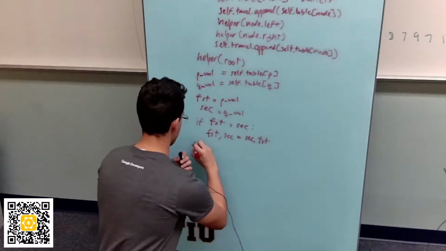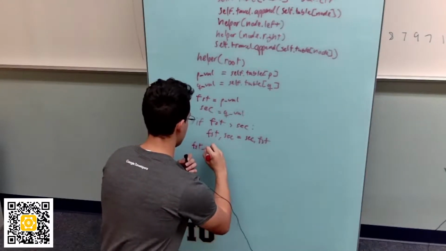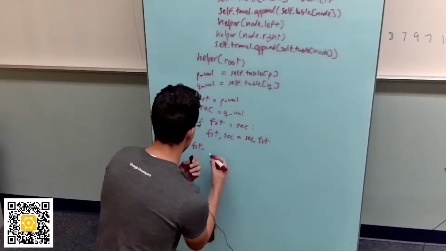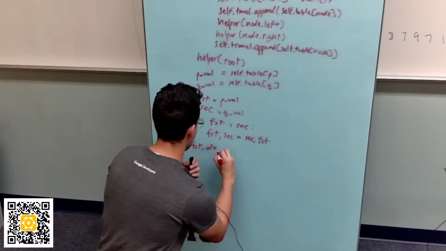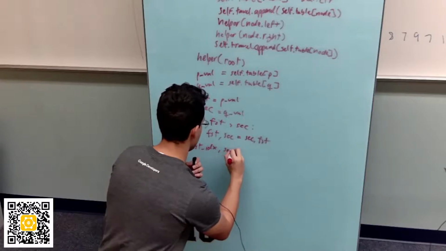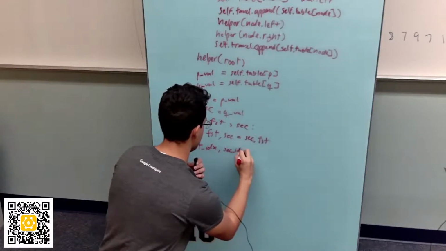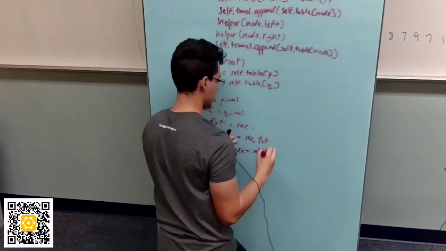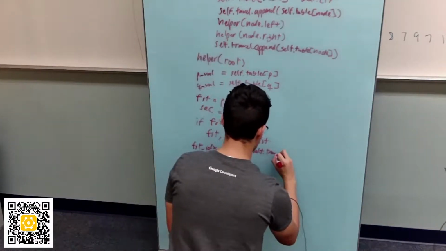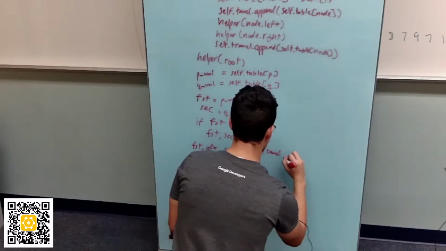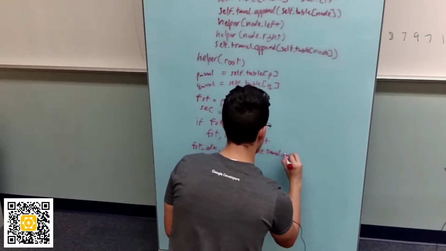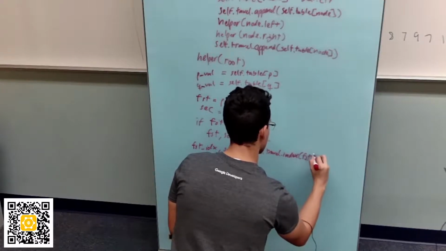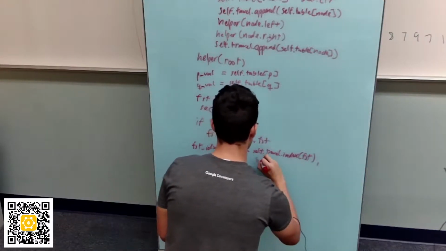So is it first index, second index equals self.travel.index of first, and then dot index of second.